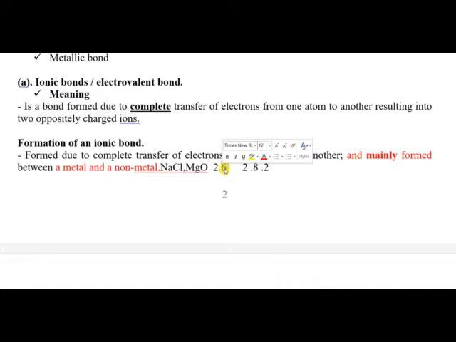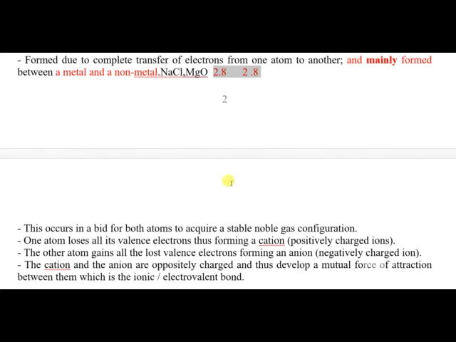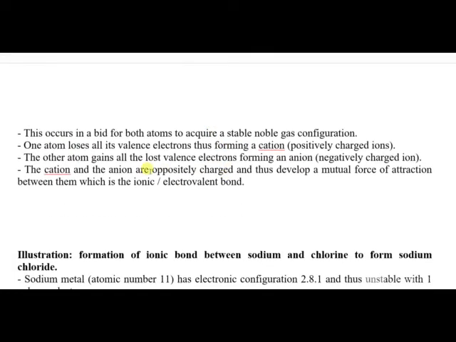All of them are transferred directly, so that oxygen becomes stable with 8, and magnesium becomes stable by losing 2. So both of them become stable. I hope you now understand what we are doing here. This occurs in the bid of both atoms to acquire a stable noble gas configuration.